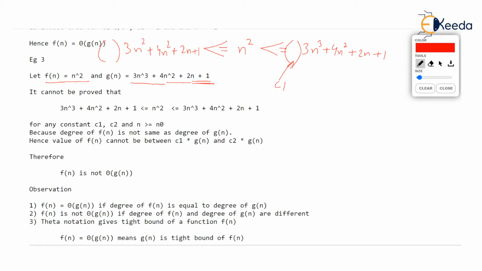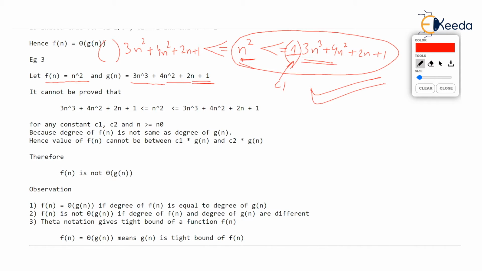Now you know you can't prove this. Why? Because this portion which I am marking: is n square less than 3n cube plus 4n square plus 2n plus 1? Of course this can be true even with constant 1, because n square has degree 2, and 3n cube on the right hand side will defeat n square.